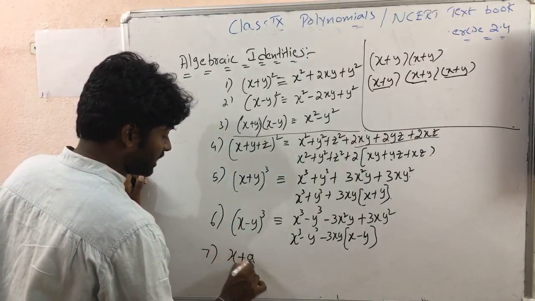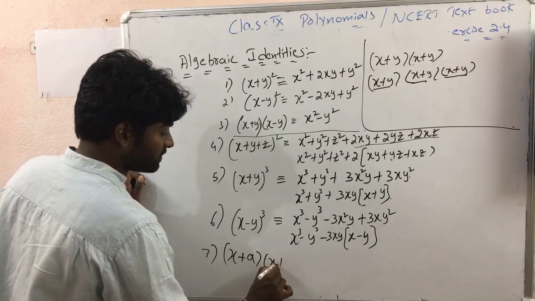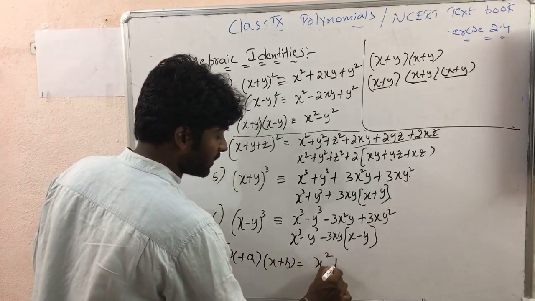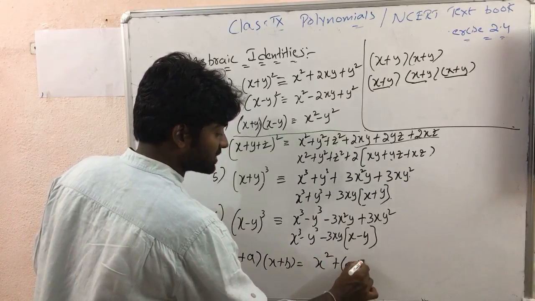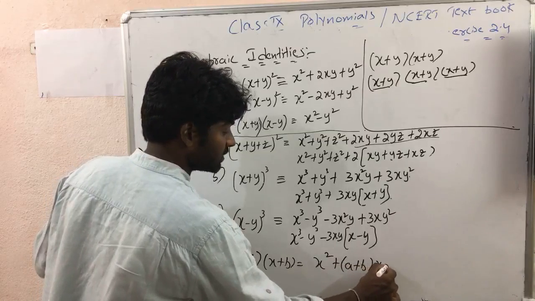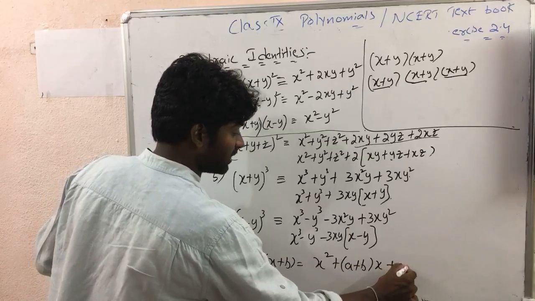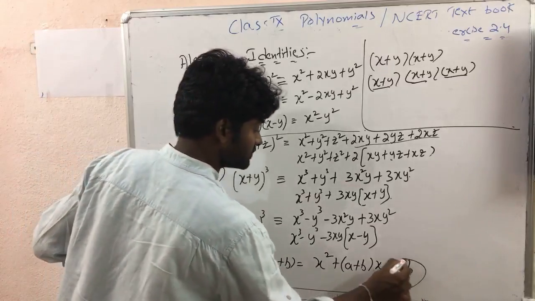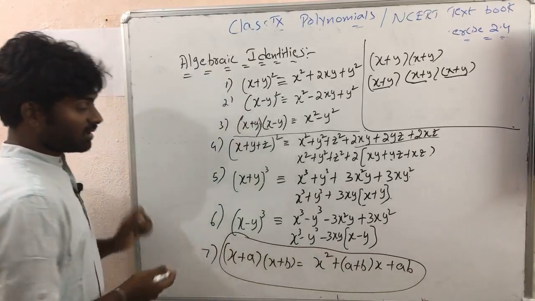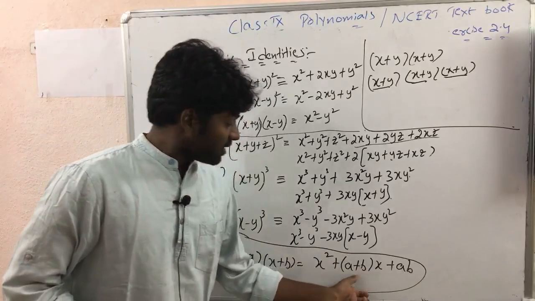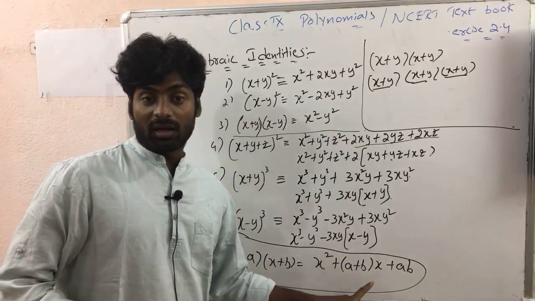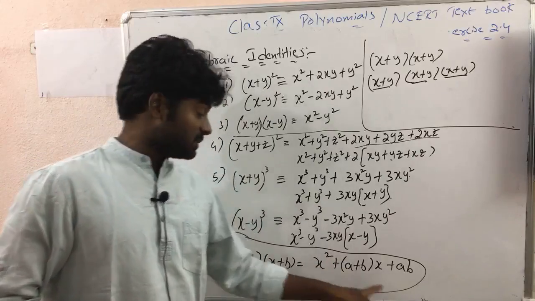And moreover, x plus a into x plus b, you will get as x square plus a plus b of x plus ab. And observe this, this is the one you are using for the factorization of a quadratic polynomial in the splitting method.